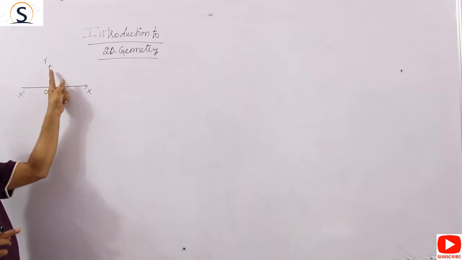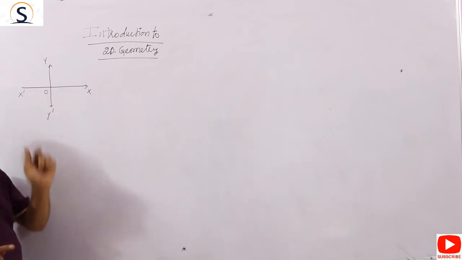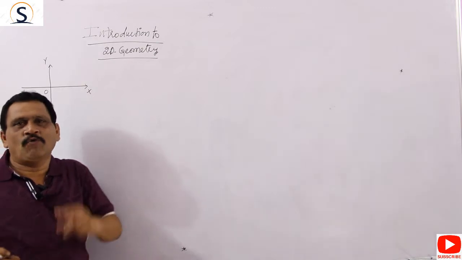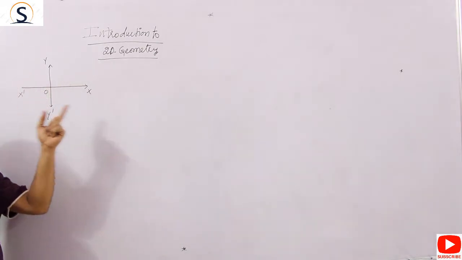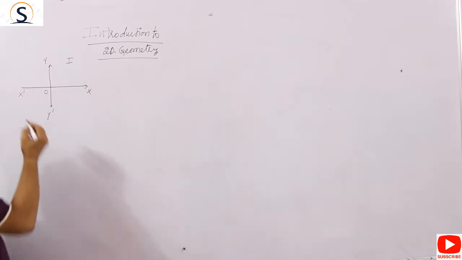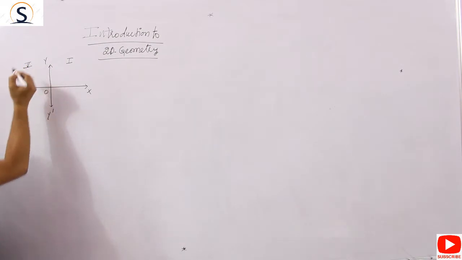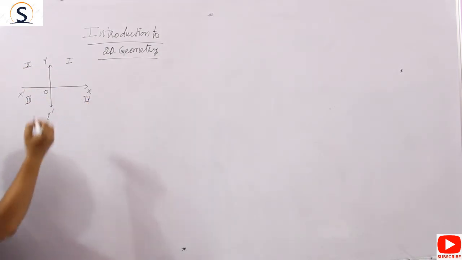Above O is positive and this is negative. Therefore, the two lines divide the plane into 4 equal parts. The 4 parts are called 4 quadrants. This is your first quadrant, this is your second quadrant, and third quadrant. This is the fourth quadrant.